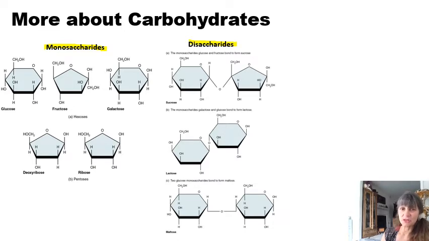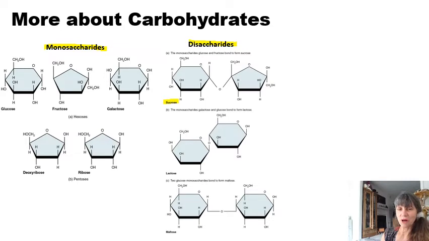Disaccharide sugars are formed when 2 monosaccharides are joined by dehydration synthesis. Here we have a disaccharide known as sucrose. Sucrose should sound familiar to you because it's table sugar.